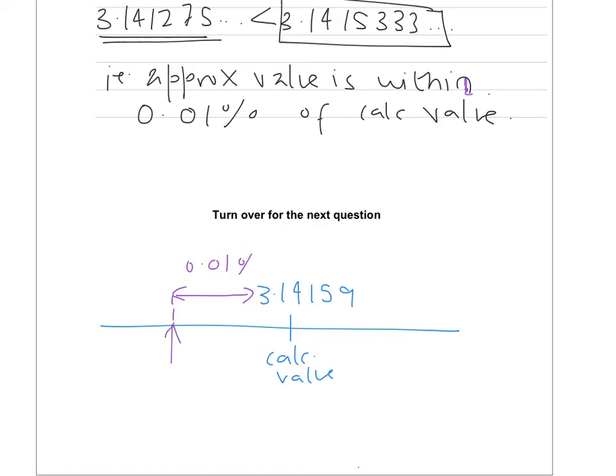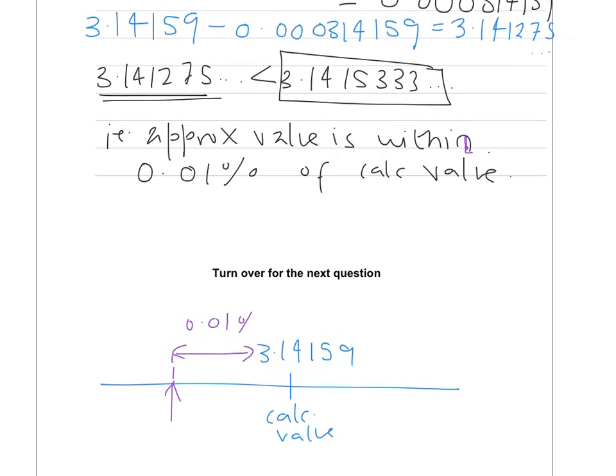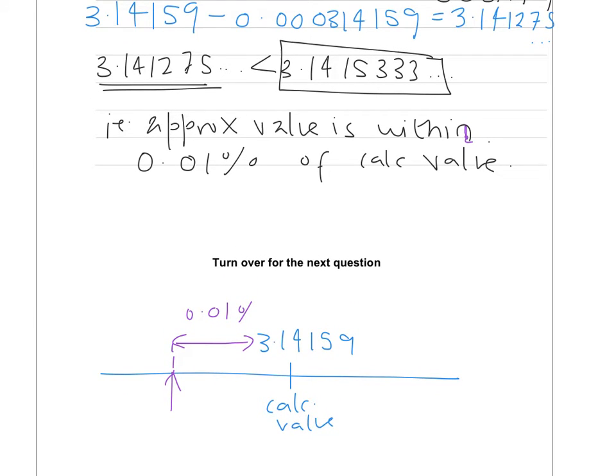The smallest number that can be in that zone is 3.141275. Now the approximate value was bigger than this. It was 3.14153..., which means it's inside this 0.01% region.